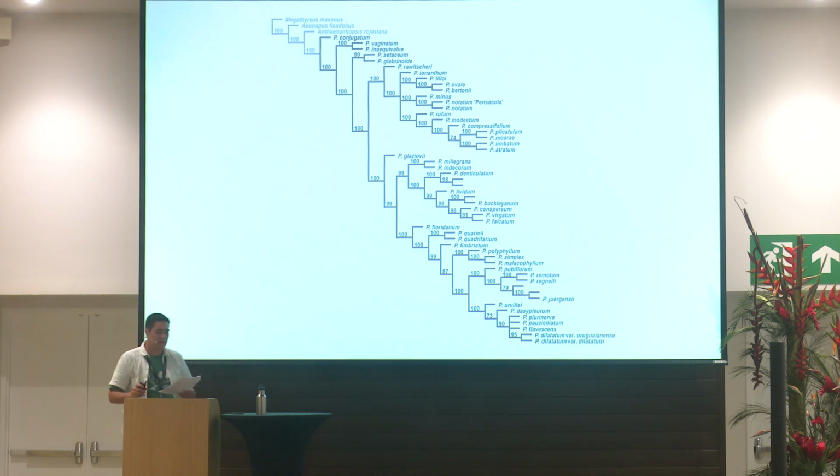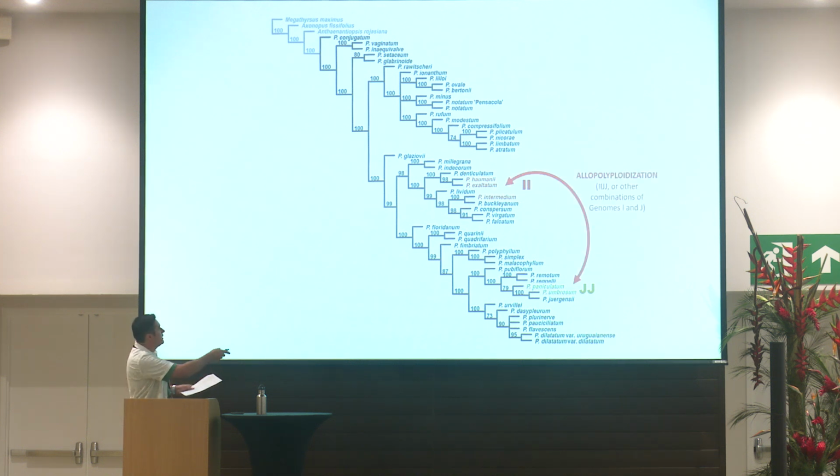The species of the dilatata group are the outcome of allopolyploidization events. Sorry, I lost myself here. Oh, so they are the result of allopolyploidization, and this involves 2 different genomes, genomes I and J, and the crossings here produce these allopolyploids, the dilatata group.